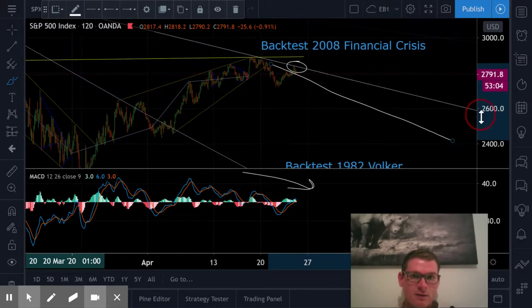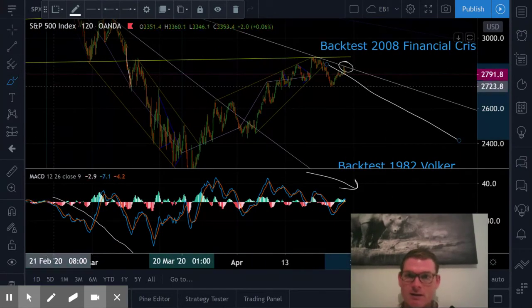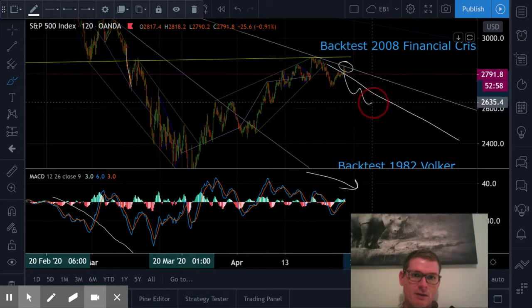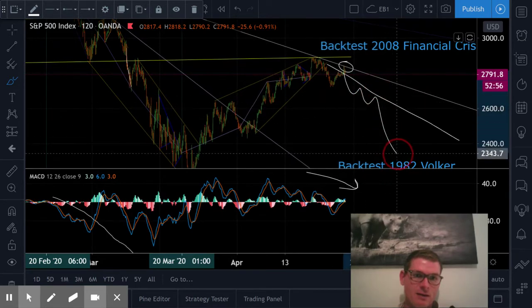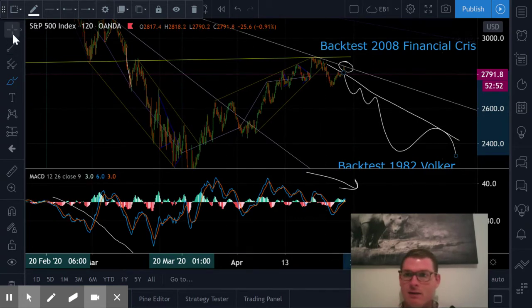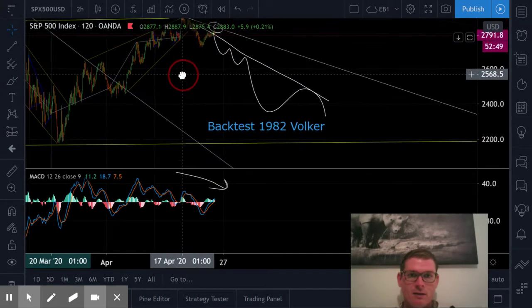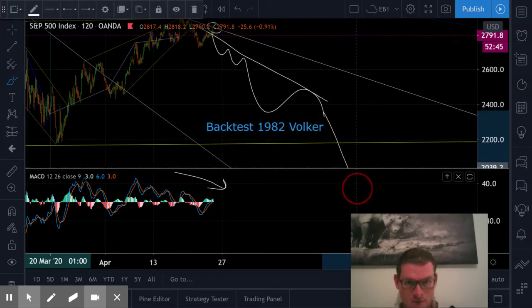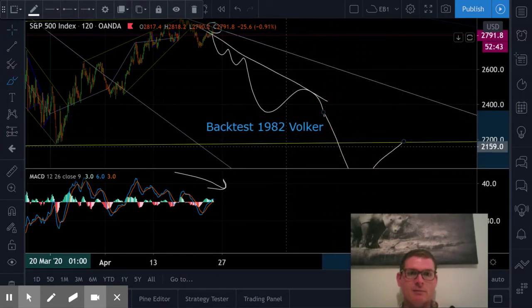So that's what we're looking for tomorrow, is to get under this kind of a line here, and we want to give this a couple checks, and then we want to get down here and do like a full dead cat bounce into it. And then we can look at trying to break this Volker line and backtest it.